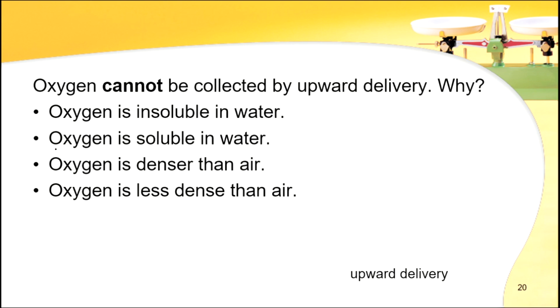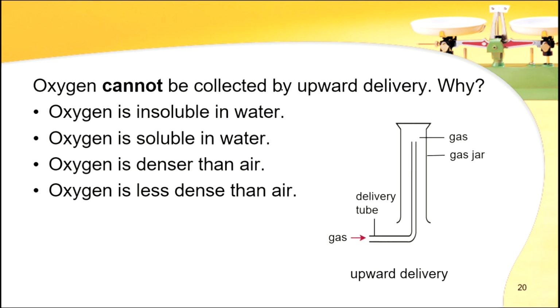Next, oxygen cannot be collected by upward delivery. Why? This is the set of upward delivery. Let's compare. Here is the gas particle. This is the air particle. We can conclude that the gas particle is less dense, the gas is less dense than air particles.